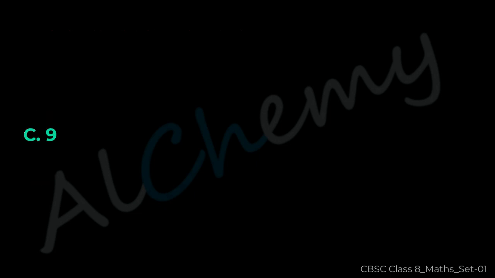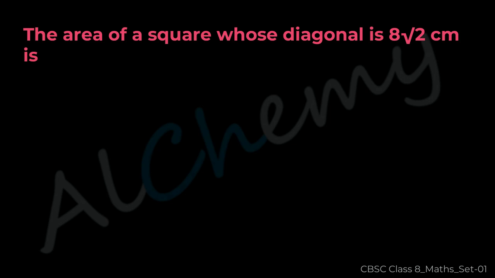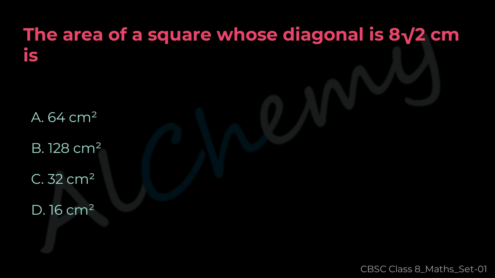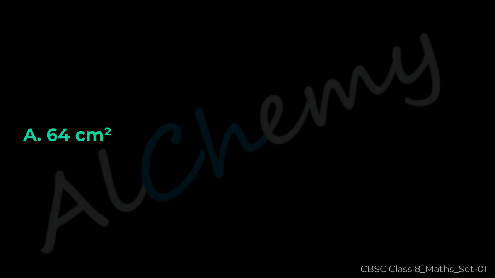The correct answer is C, 9. Question 47. The area of a square whose diagonal is 8 to cm is A 64 square centimeters, B 128 square centimeters, C 32 square centimeters, D 16 square centimeters. The correct answer is A, 64 square centimeters.